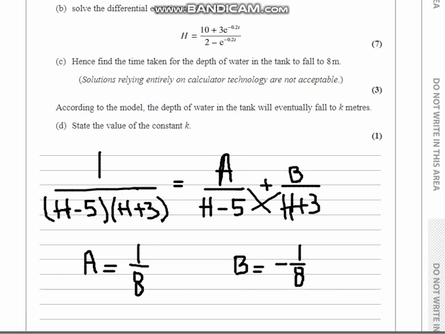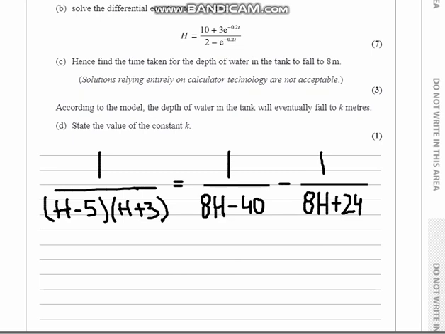Now I'll write it in partial fraction form, there you go: 1 upon (8h minus 40) minus 1 upon (8h plus 24). I just took 8 on both denominators and multiplied with the brackets. That's all. Now that we are done with the A part, moving on to the B one.